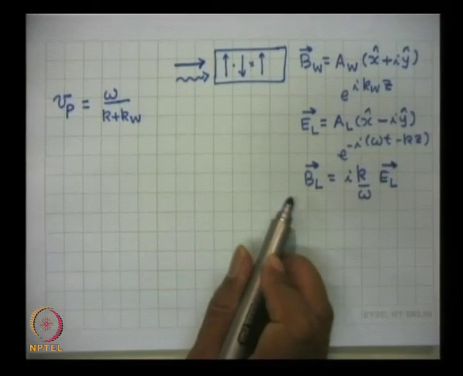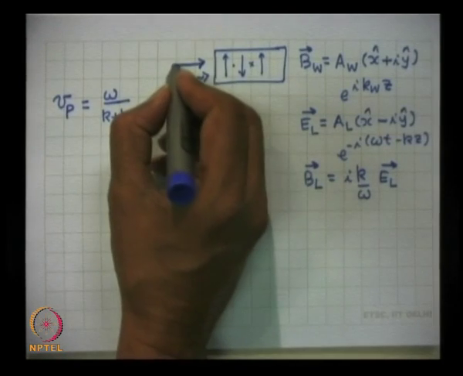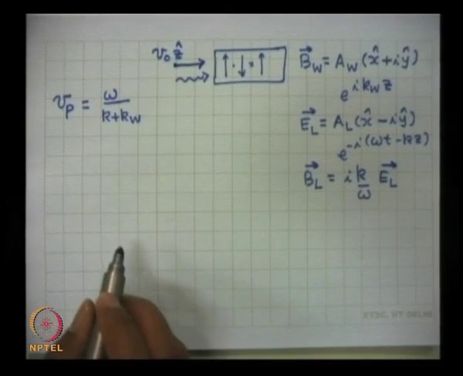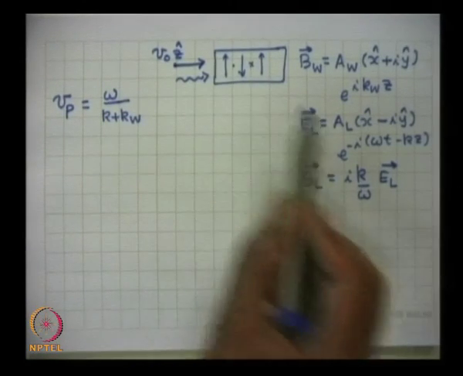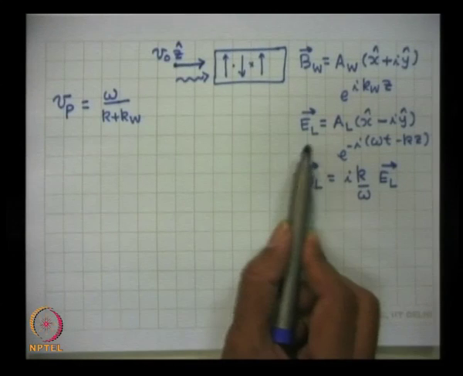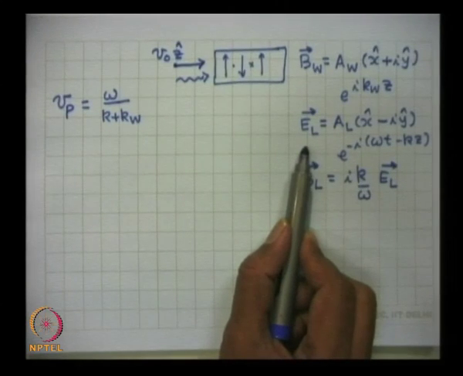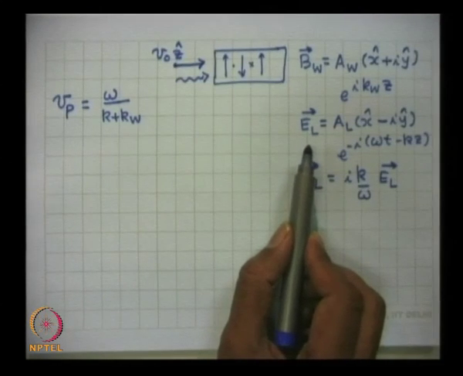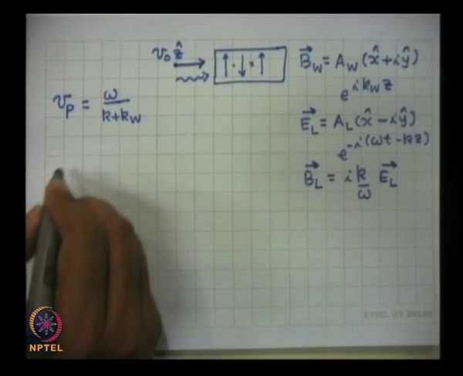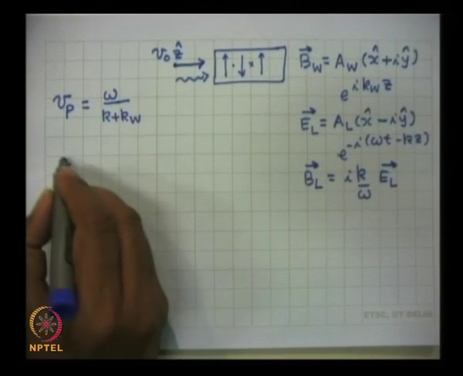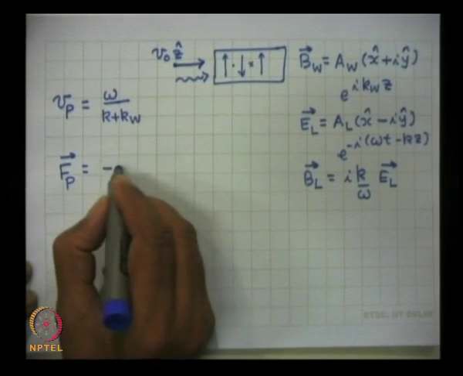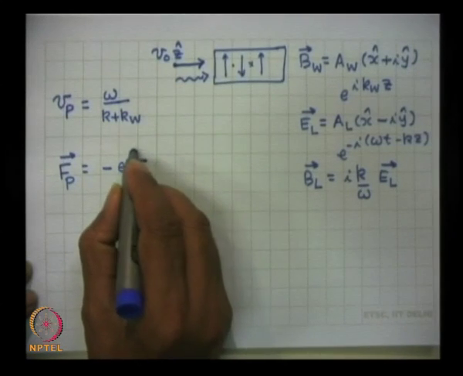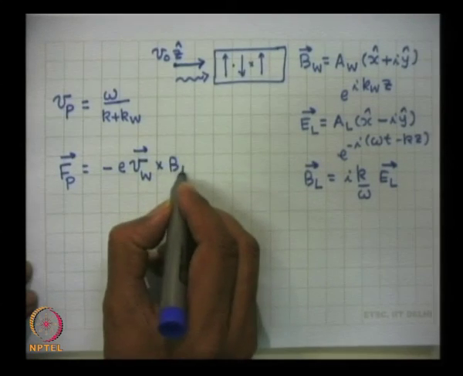So, in presence of these fields, the electron which is injected from outside with a velocity V0 in the z direction acquires velocities Vw and Vl, and the Lorentz force due to cross field terms essentially, Fp on the electron, is caused by minus e V due to the Wiggler cross magnetic field of the laser.